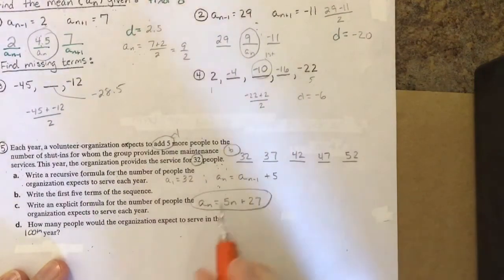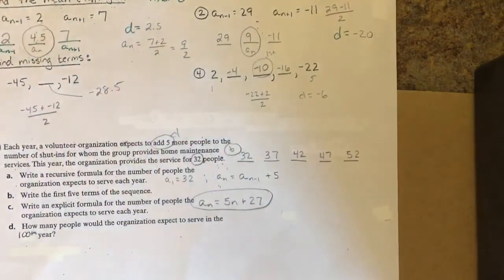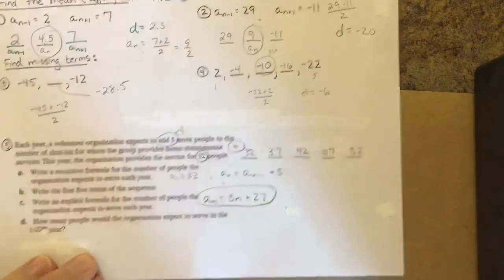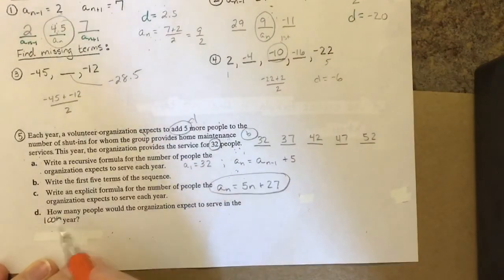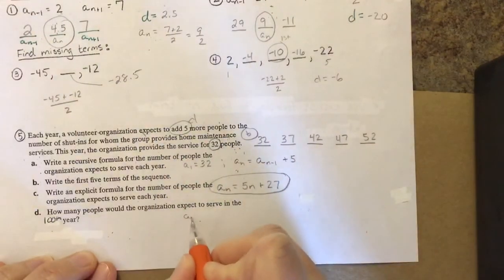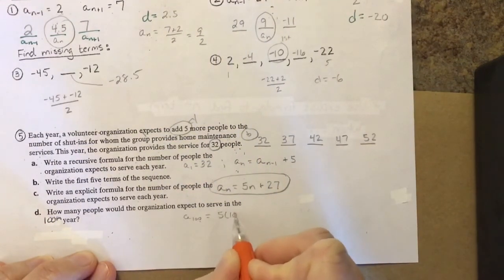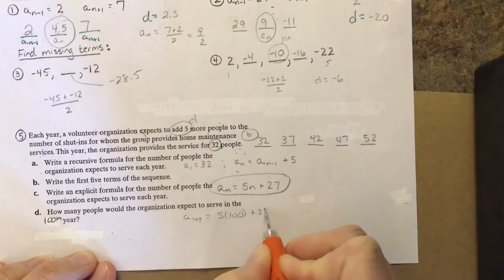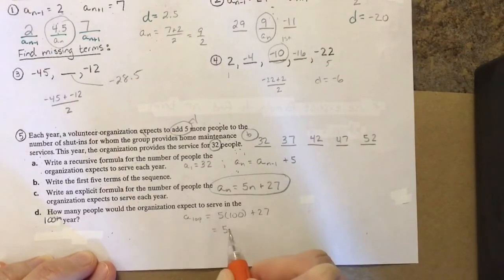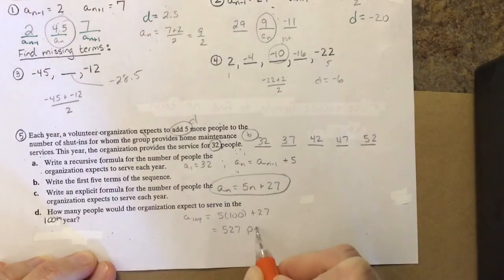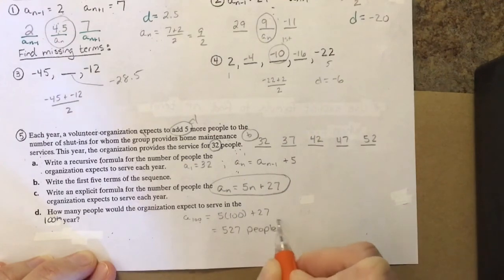A sub n equals 5n plus 27. Lastly, how many people would the organization expect to serve in the 100th year? What's the 100th term? It's 5 times 100 plus 27. That's 527 people.